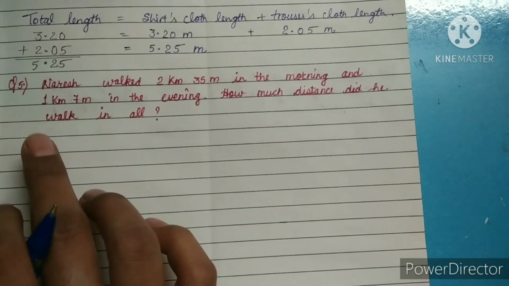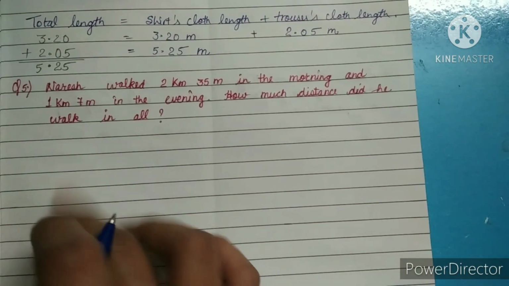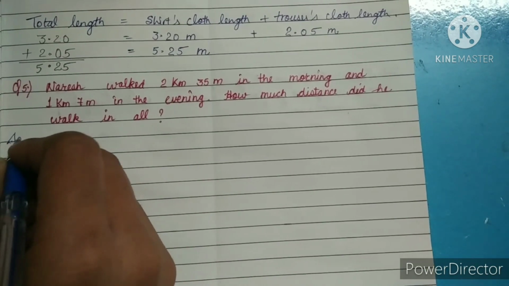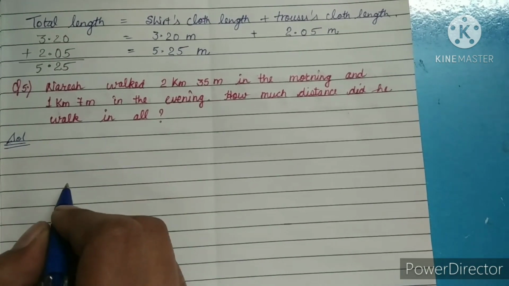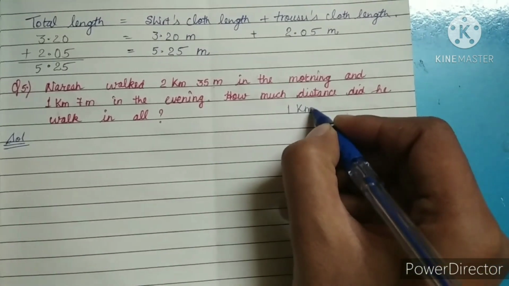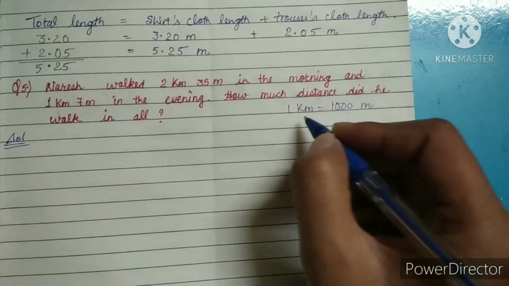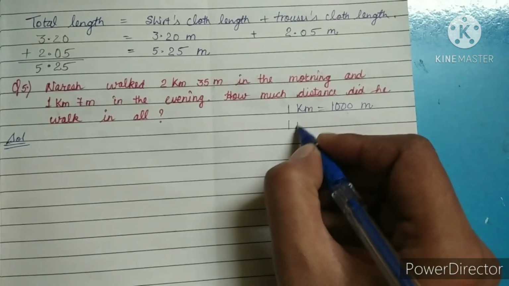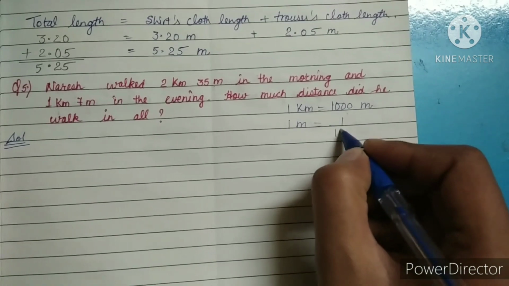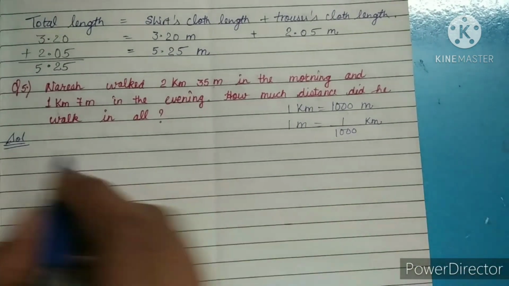So we have to convert firstly it into the decimal. Solution. Before starting the solution, we have kilometer and meter. So firstly we will see 1 kilometer is equal to 1000 meter, and in 1 meter 1 by 1000 kilometer. Okay, so let's begin.